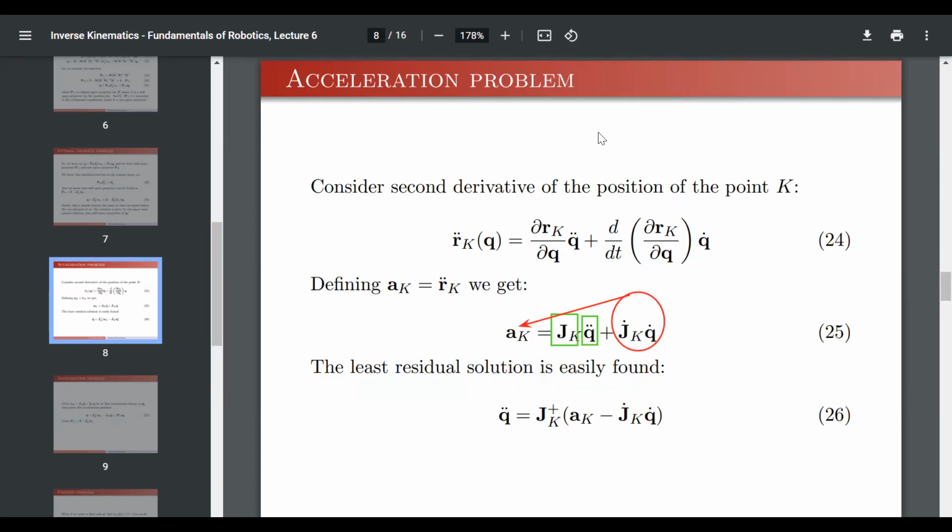So we get our expression here: q double dot equals J pseudo inverse times (a minus J dot q dot). It is quite simple.